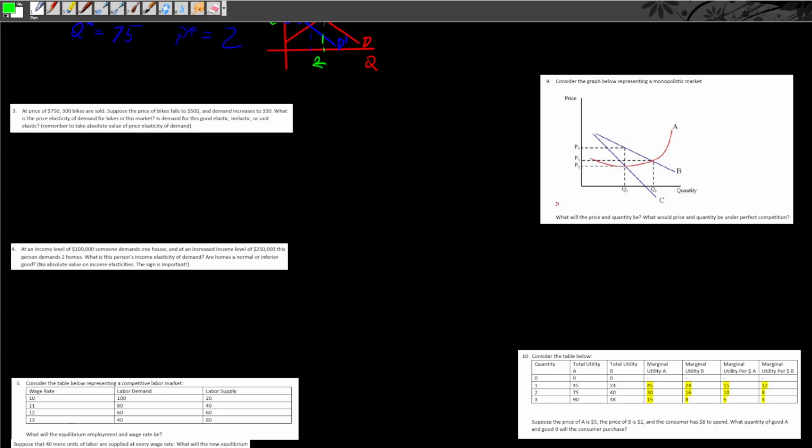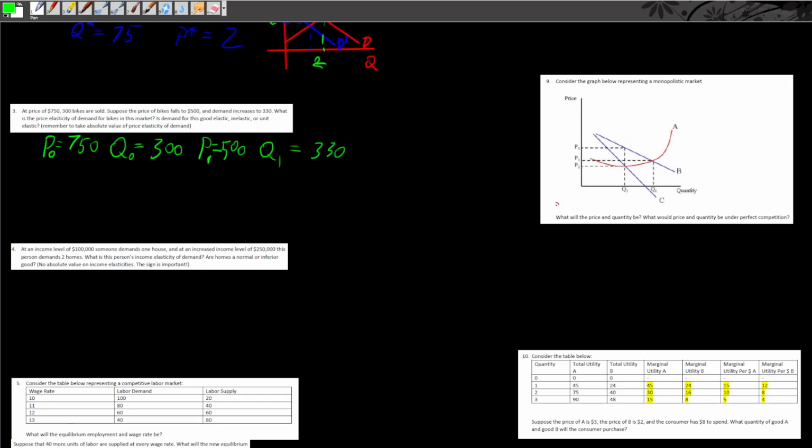So let's figure this out by labeling what the initial price and the initial quantity is, and the new price and the new quantity. So the initial price is 750 and the initial quantity is 300. The new price is 500 and the new quantity is 330.